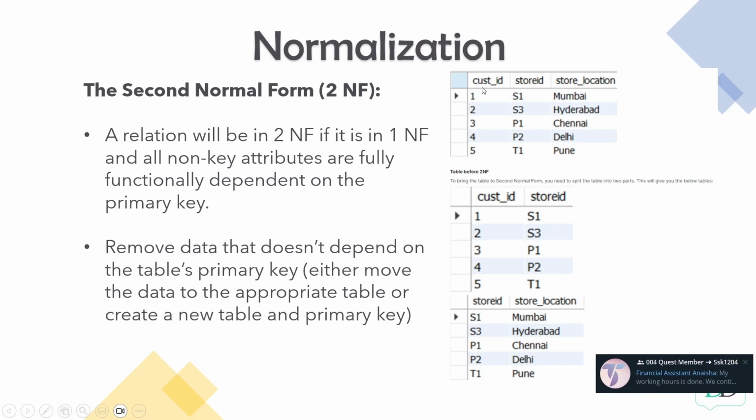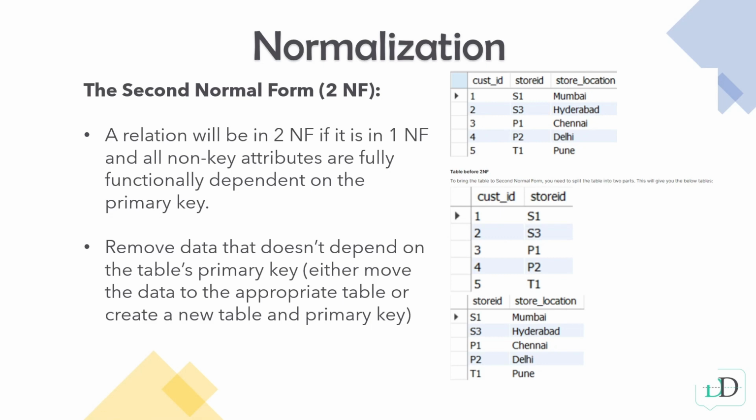Why? Because we have customer ID here. I said there are 2 criteria to satisfy for a fact table. Any of the columns in the table should have an integer data type. Here we have an integer data type, so it satisfies the first condition.